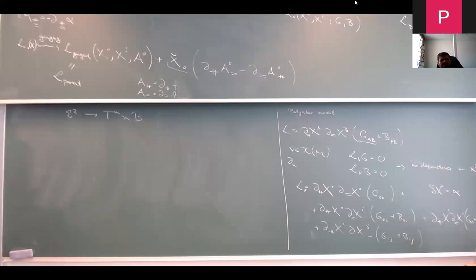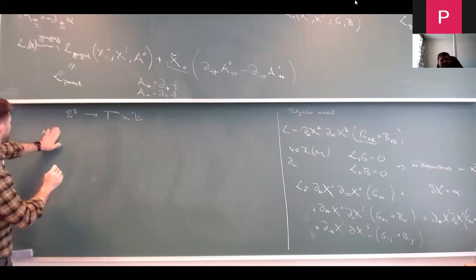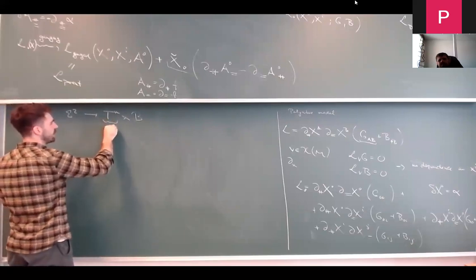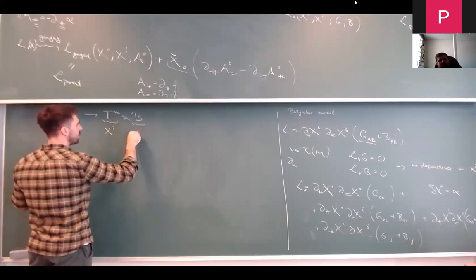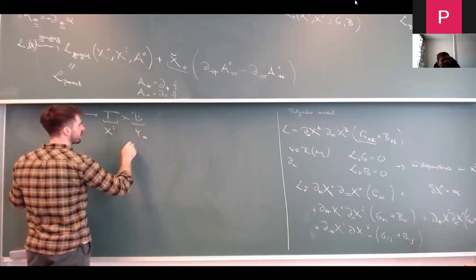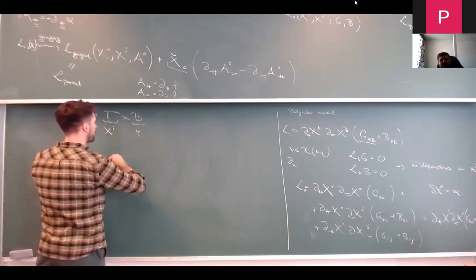And so now I want to write a model where I'll have xi's. So I will describe these as xi's, and the remaining ones I will call y's.